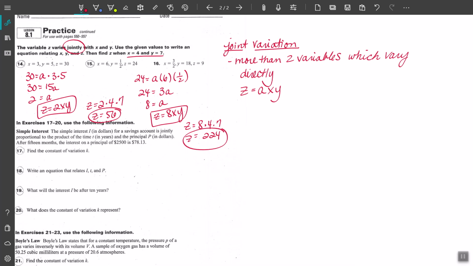So that's hopefully pretty straightforward as long as you stay familiar with the term jointly varying, meaning more than two variables, and keep this form in mind for this type of problem.